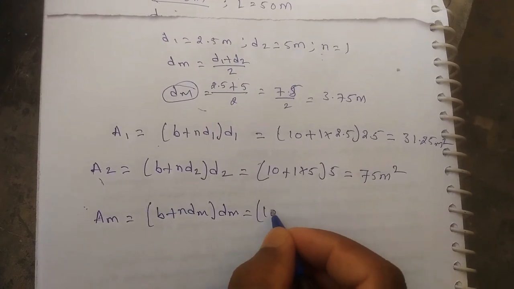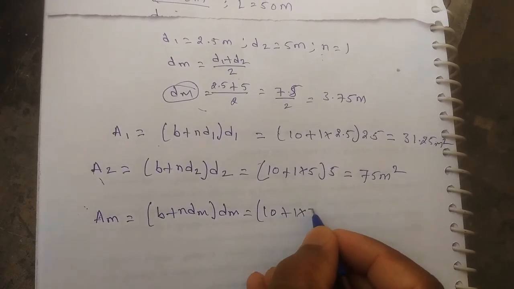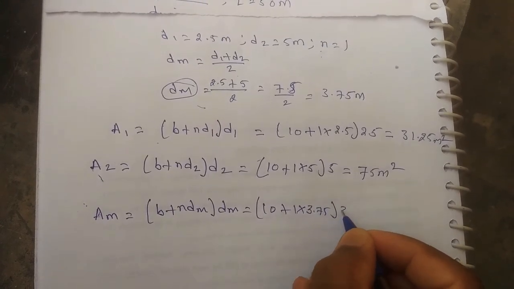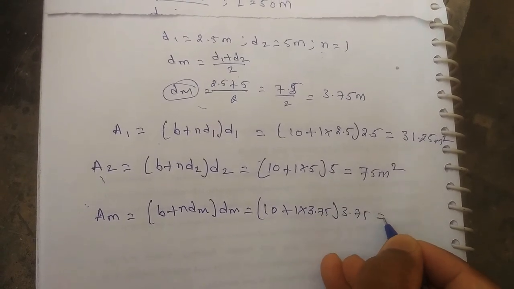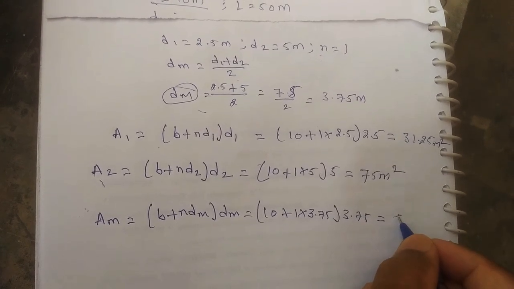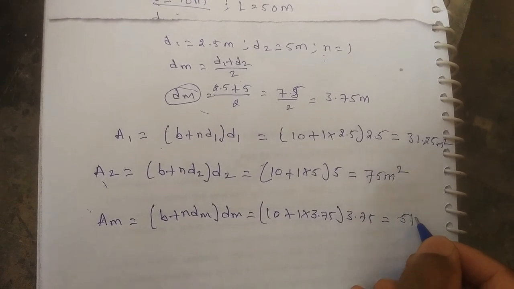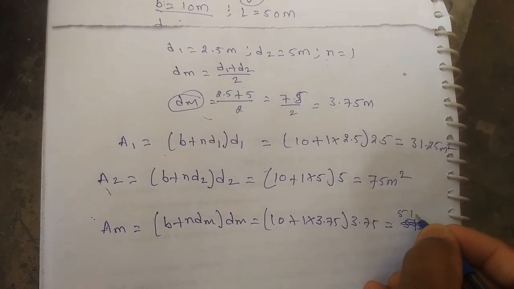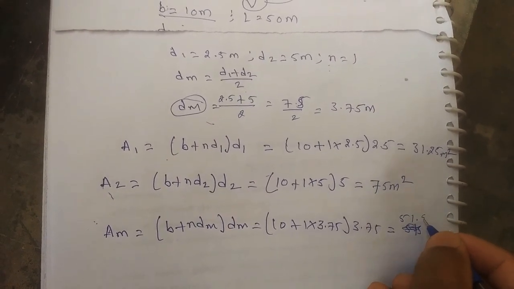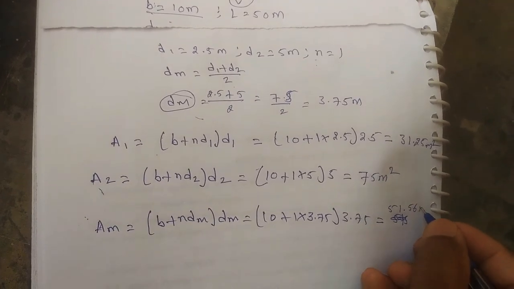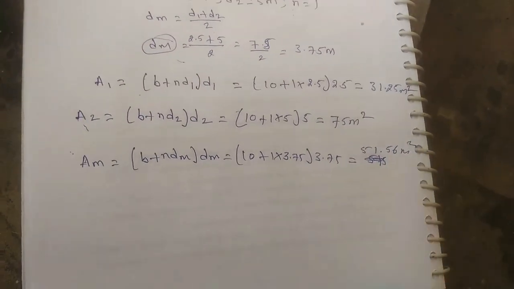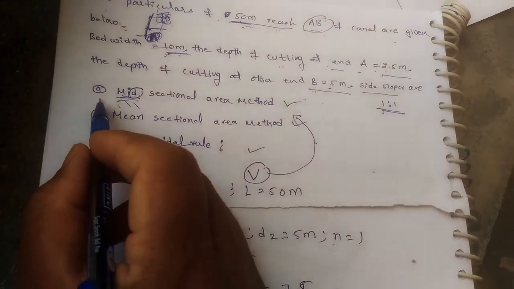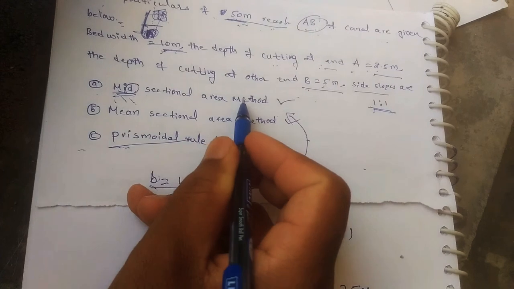So 10 plus 1 into 3.75 into 3.75. From this you will get 51.56 meter square.